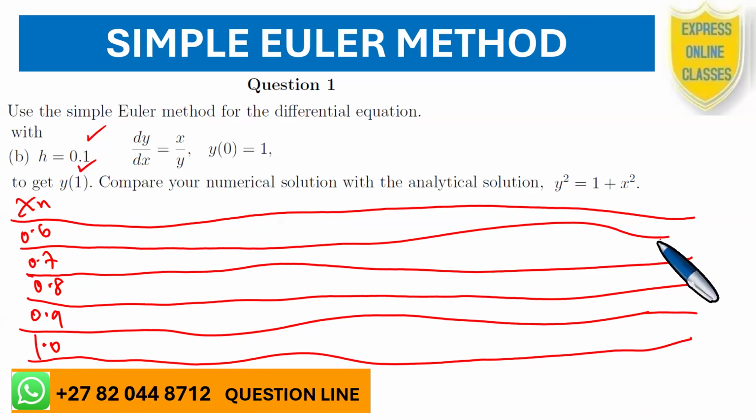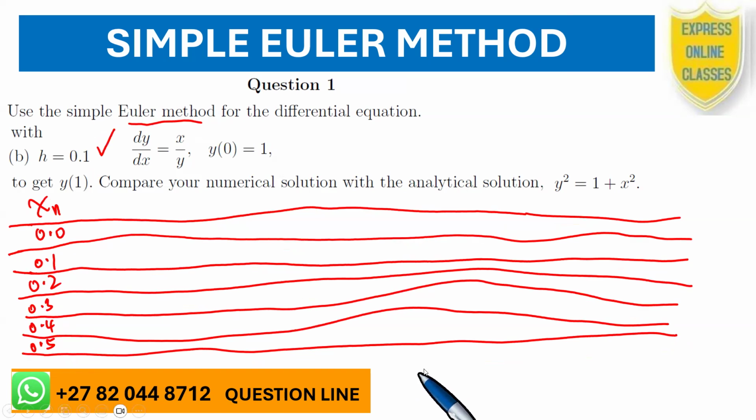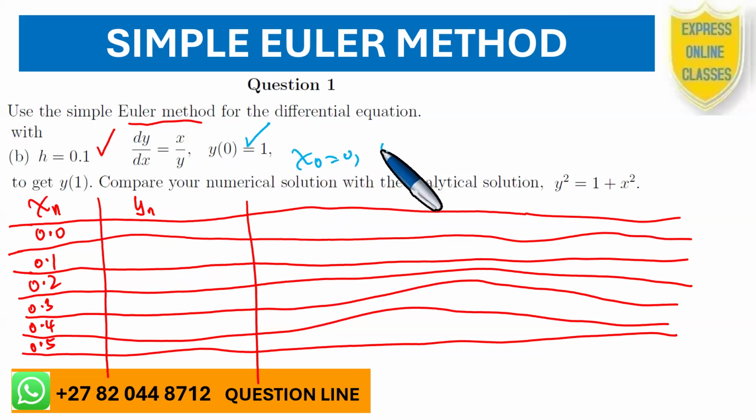So we continue. It should be 1.0. Yeah, because x0 is 0, then y0 is 1.